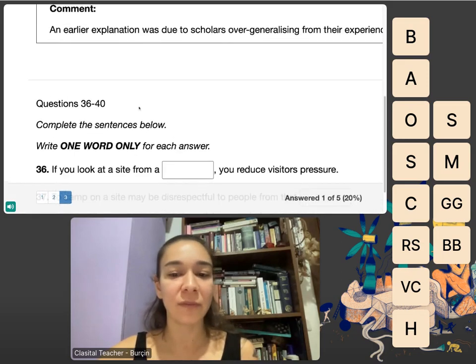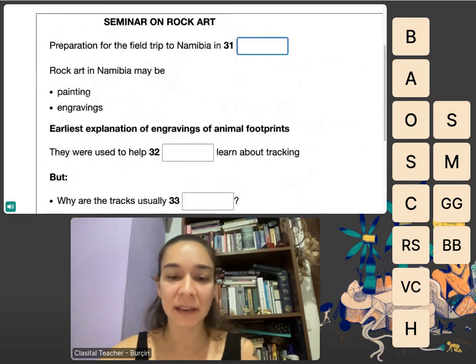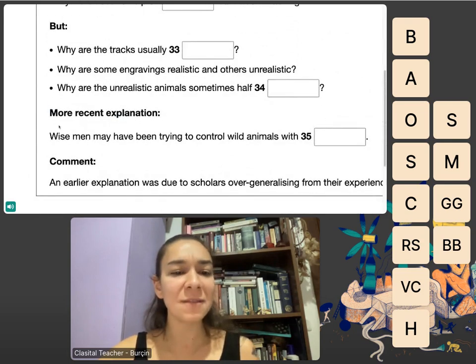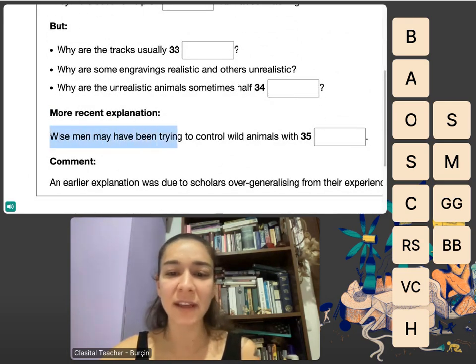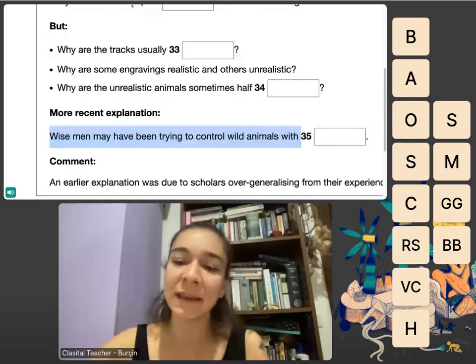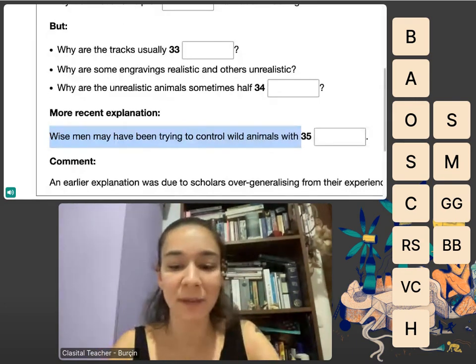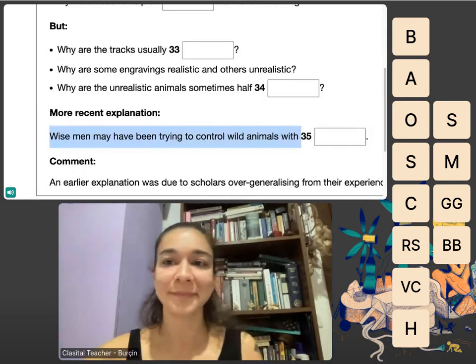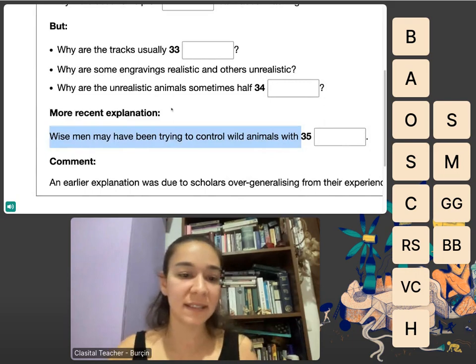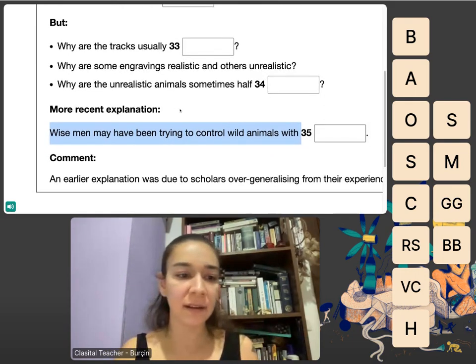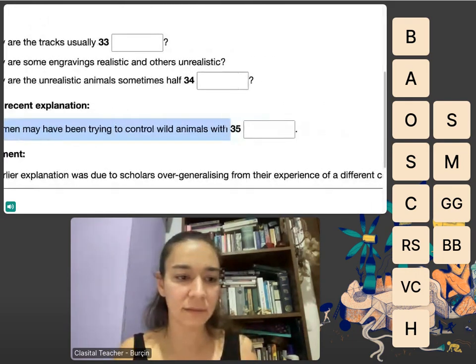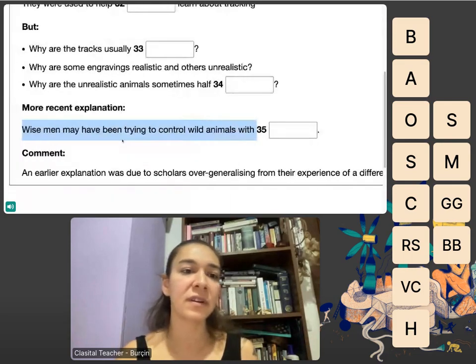Most recent explanation: wise men may have been trying to control wild animals with something. So yes, 35 will be a noun. 36, and we have a comment, but it is not important.